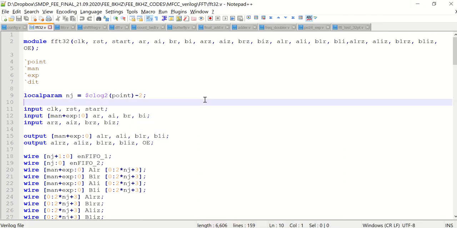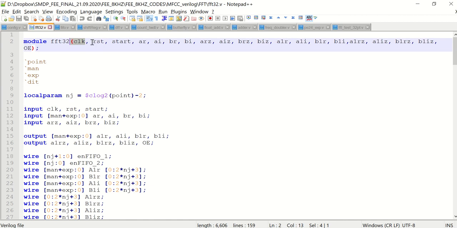So now let's look into the hardware implementation of this 32 point FFT. Basically here we have the inputs of clock, reset, start, which says when to start this module, and real and imaginary parts of one of the inputs, and real and imaginary parts of the second input.